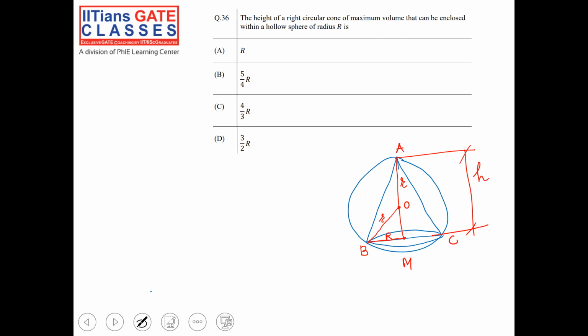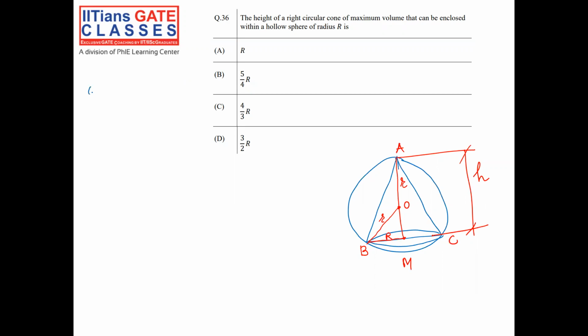Now coming towards the solution part. In this case, we have a triangle BOM. Considering this triangle, there is a chance that we will get a relationship between the radius of the sphere and the radius of this cone. We know r, we know capital R, but we don't know OM.